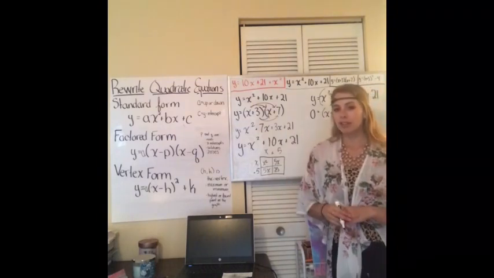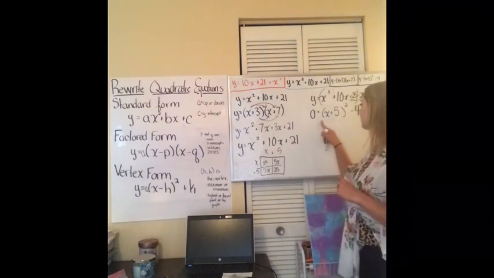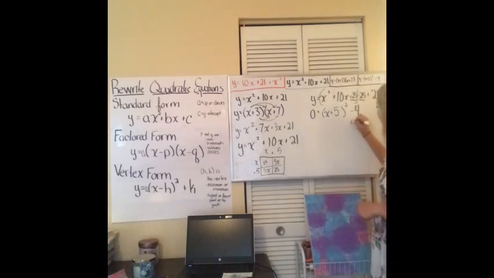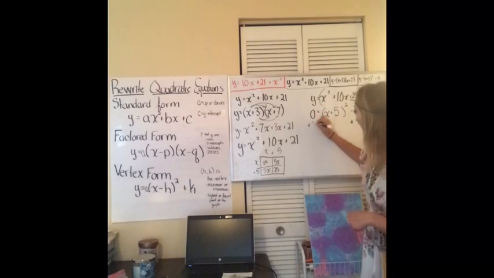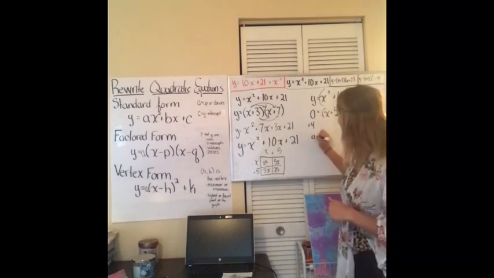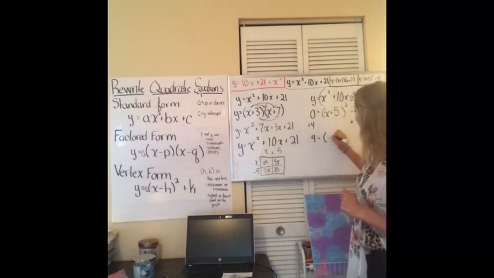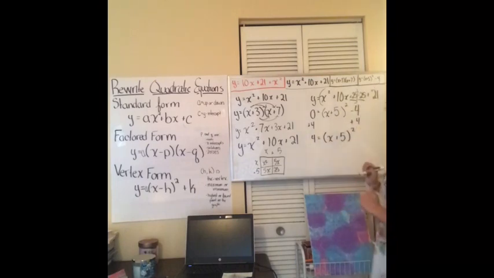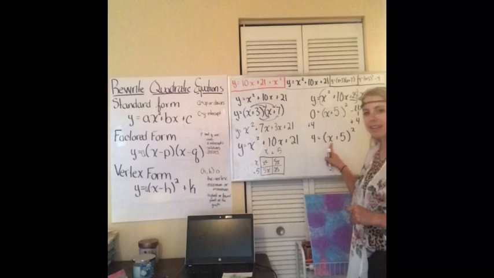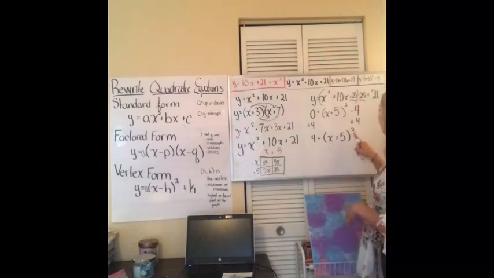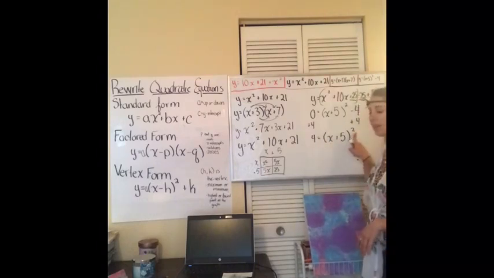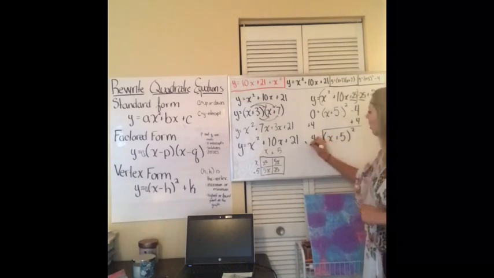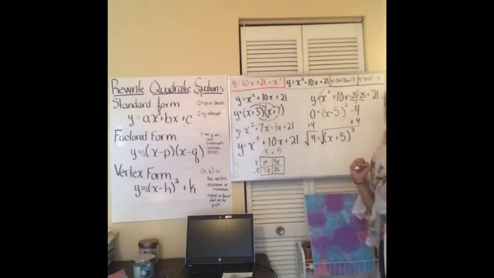So the first thing I want to do is get the part with the x by itself. That's this x plus 5 squared. In order to do that, I'm going to add 4 to both sides. I end up with 4 equals x plus 5 squared. Now if I want x by itself, my next step is to get rid of this exponent. To do that, I need to take the square root of both sides.